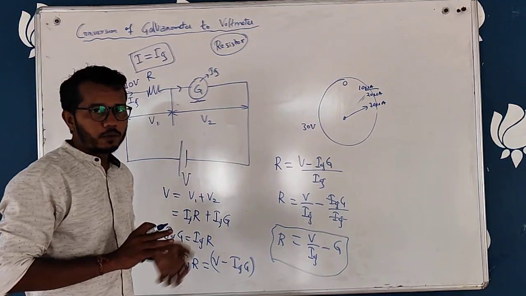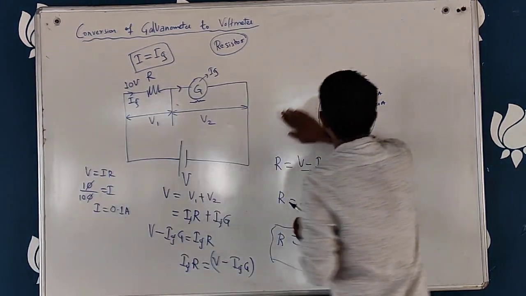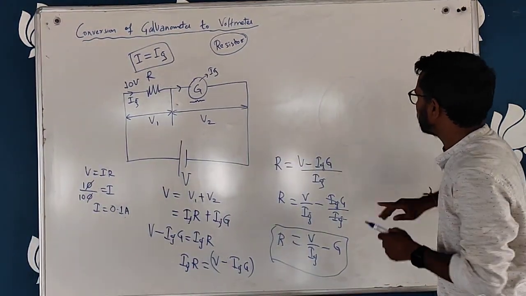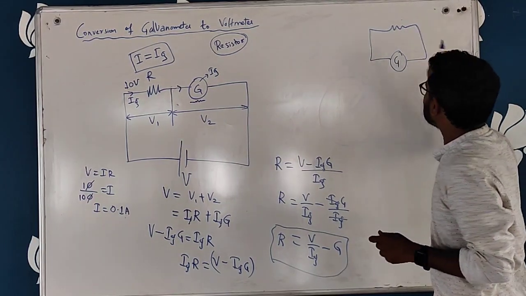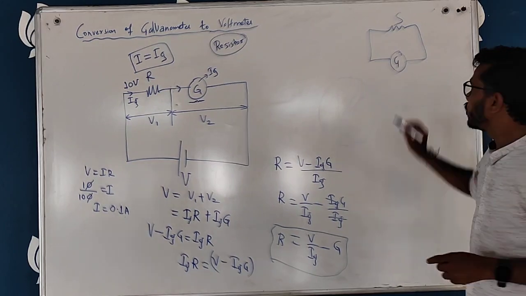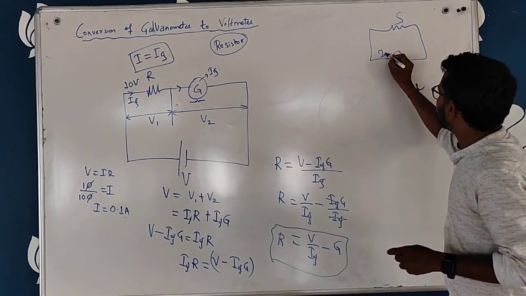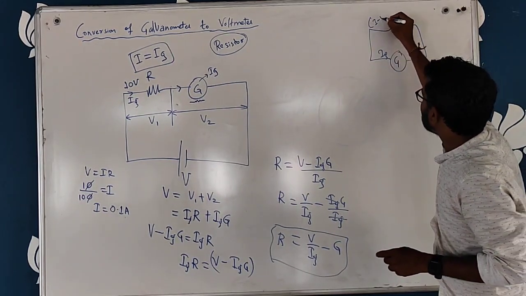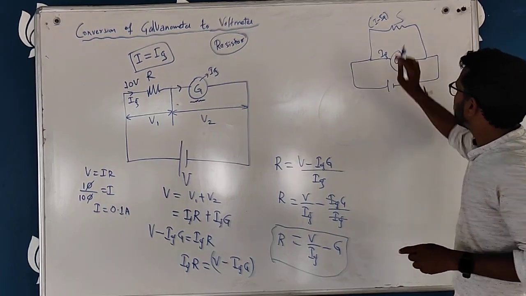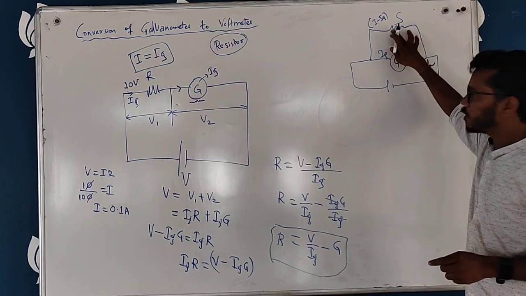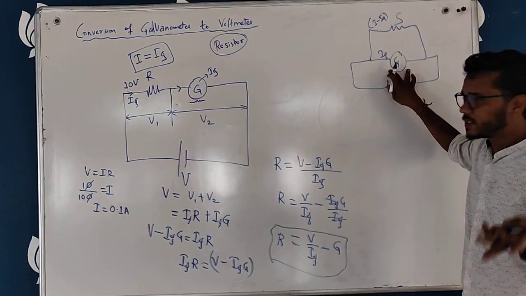Quick recap. For conversion of a galvanometer into an ammeter, my G is connected parallel to the shunt resistance S. Here the current flowing is Ig, and here the current flowing is I minus Ig. The potential drop across S and across G is the same.